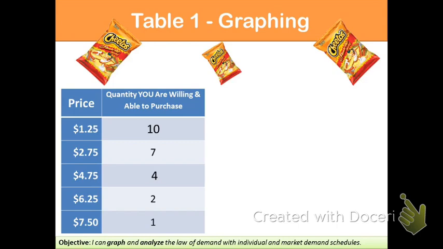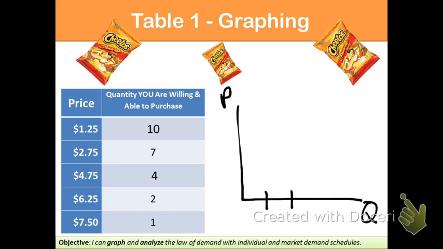And so we can graph the law of demand, or graph a demand curve, using our data in Table 1. And students were able to do that on the do now. I put some XY coordinates, and you can label them Q and P, and you can put in your quantities down here on the bottom.